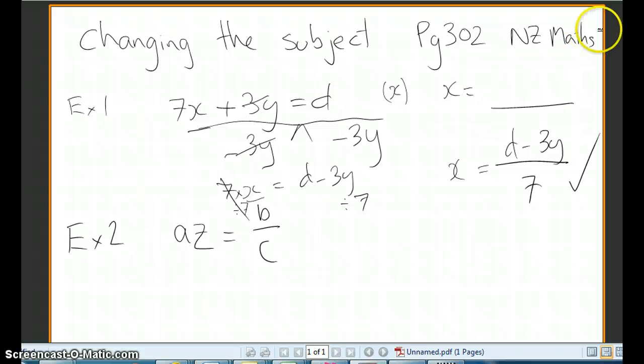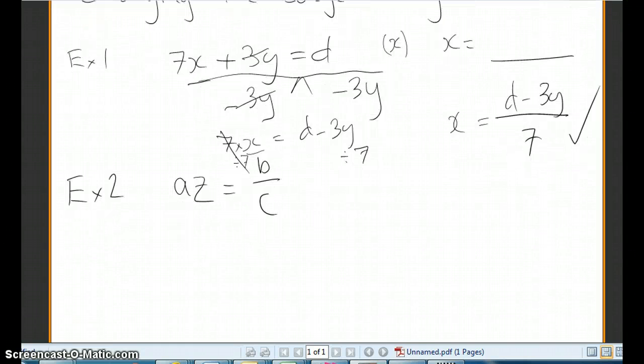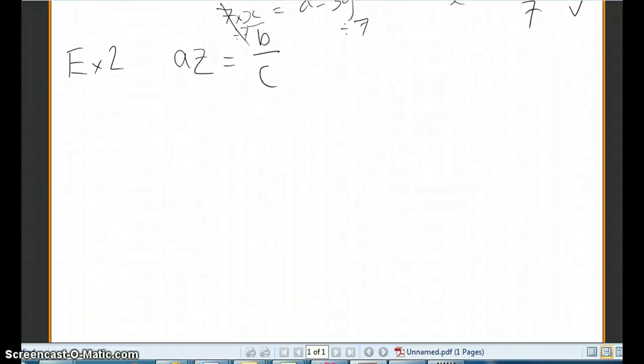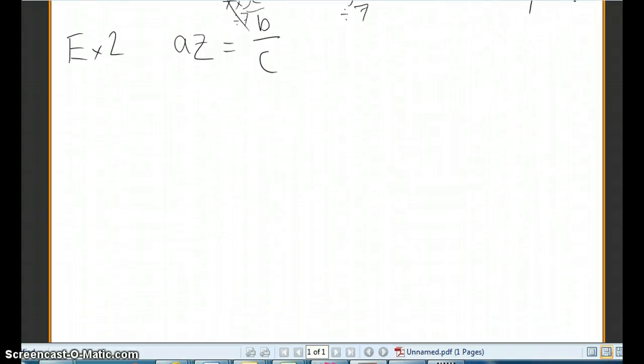Okay, my next example here, AZ is equal to B over C. However, in this case, I want Z to be the subject. In other words, my new equation will start with Z equals. When there's nothing written between two terms, you assume it's multiplication.